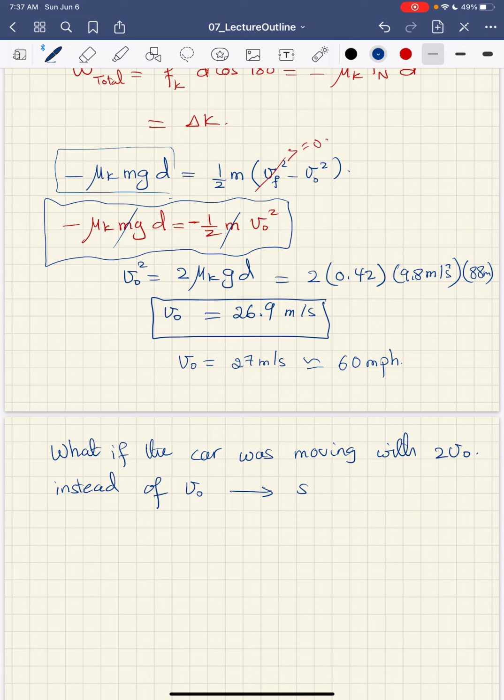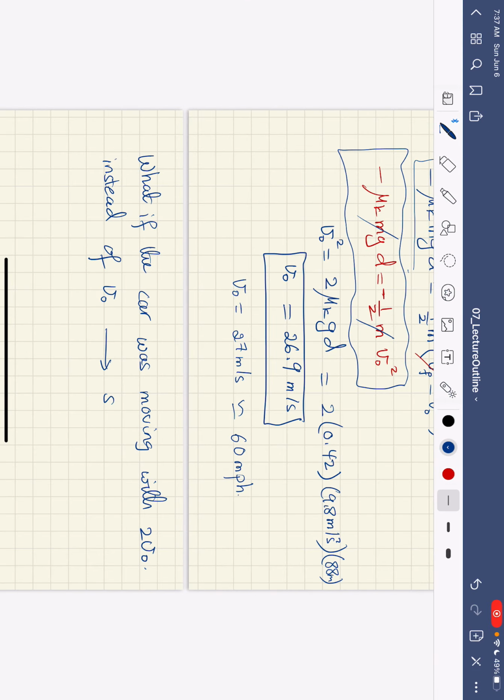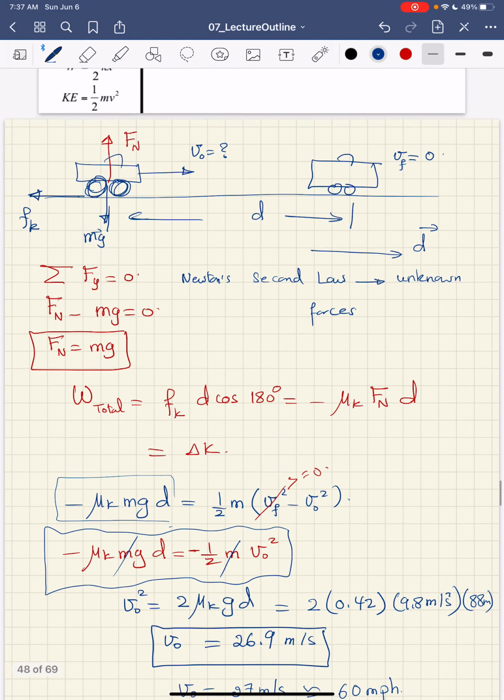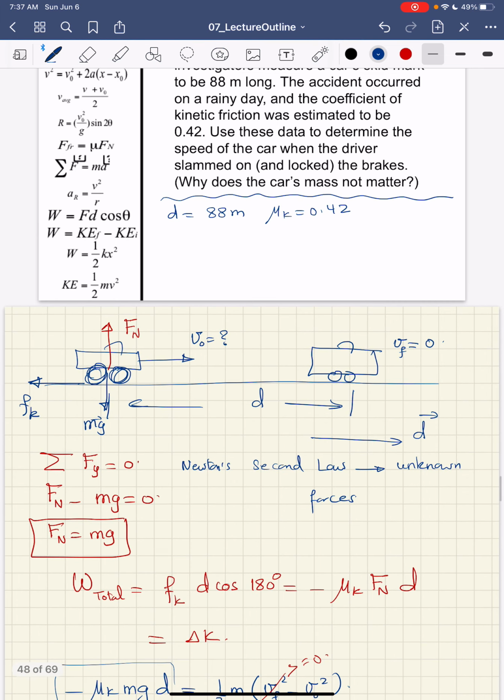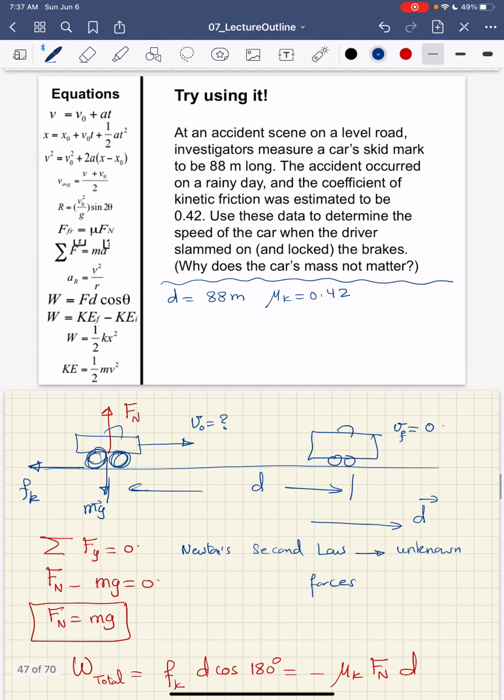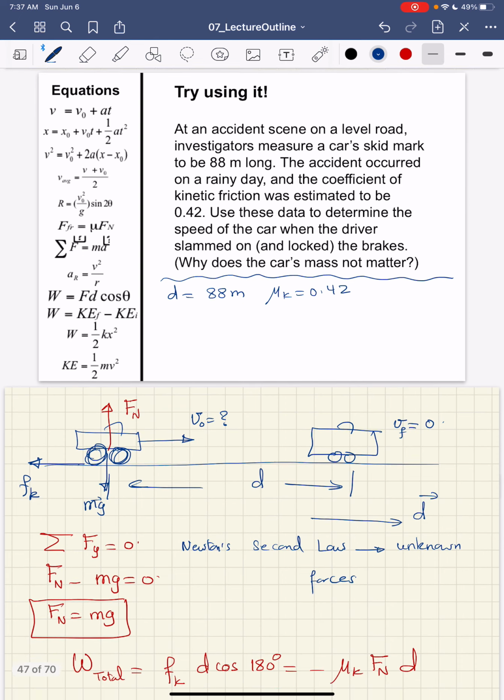How is this going to be affecting the skid marks on the road.